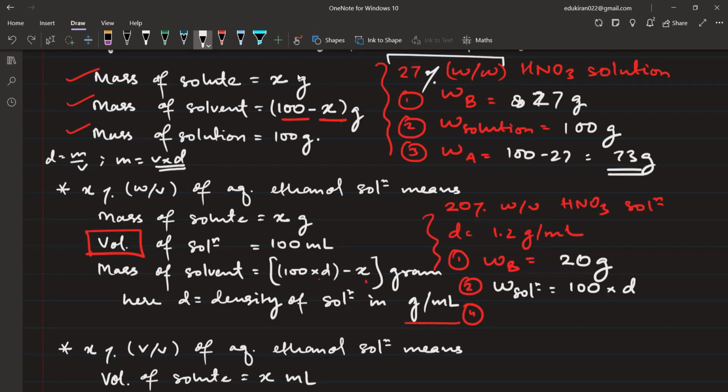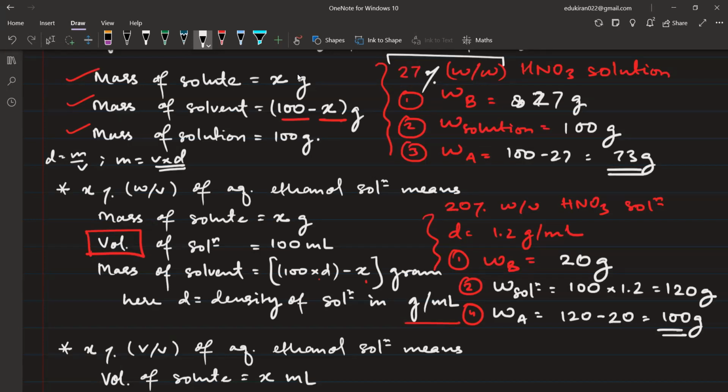Density is 1.2 grams per ml. This will be equal to how much? 1.2 into 100 will be equal to 120 grams. Now, WA will be equal to the mass of solution, 120 grams, minus the mass of solute, 20 grams, which will be equal to 100 grams.